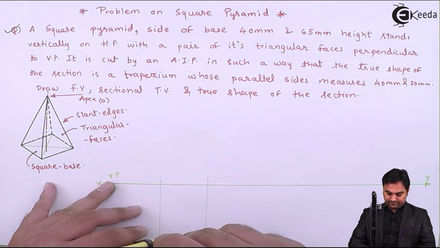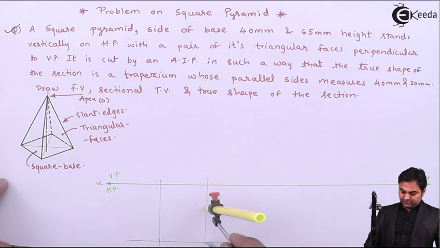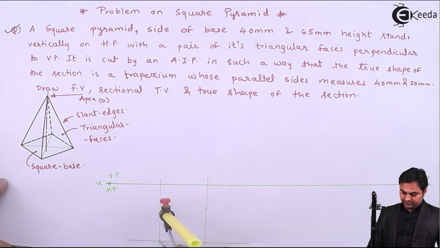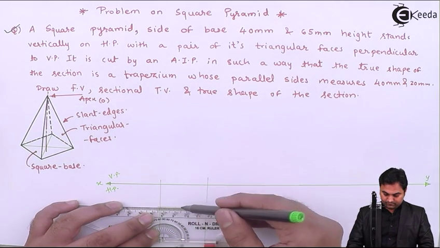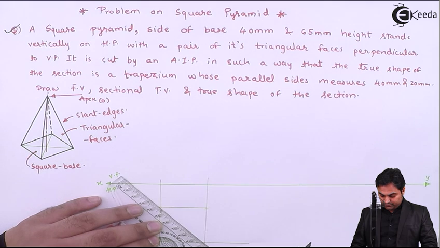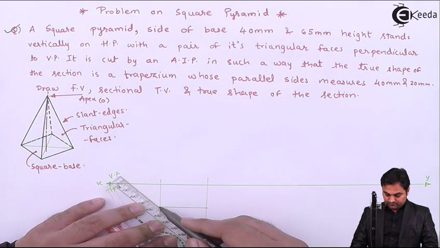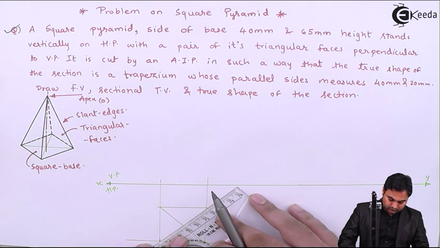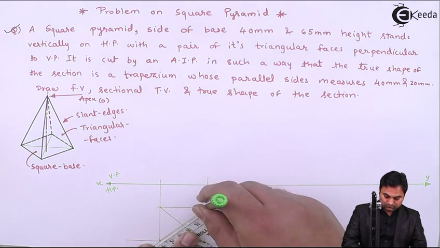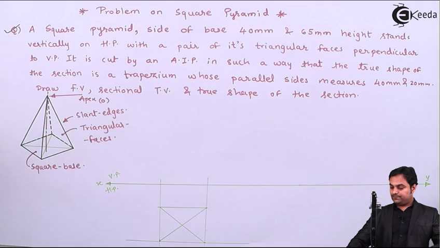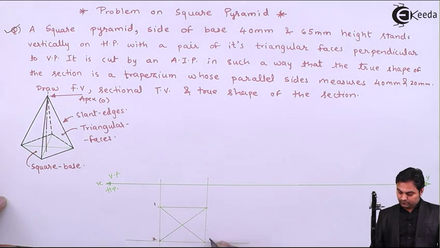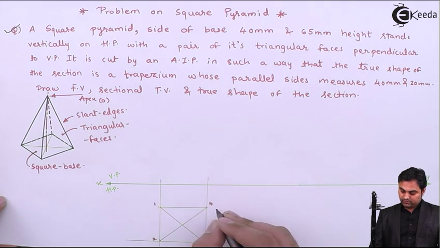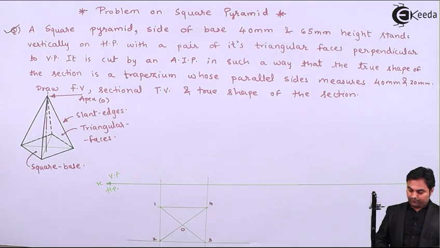Taking this 40 mm, measuring it on one side, similarly onto the other side. Joining the opposite corners. Here I'll give the notations. We have point 1, 2, 3 and 4, and here is the apex. So this is the top view.